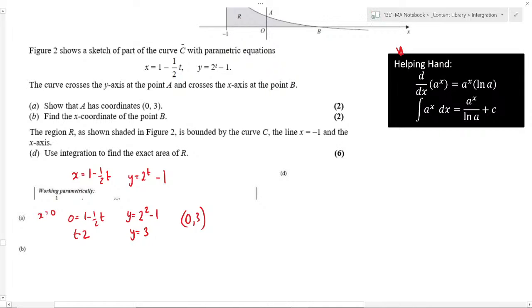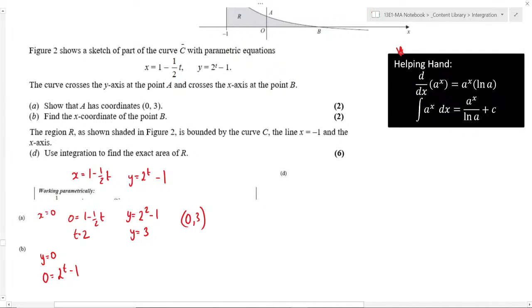We know that B is going to be when y is equal to 0. So we sub in y is equal to 0, which gives 0 is equal to 2^t minus 1.